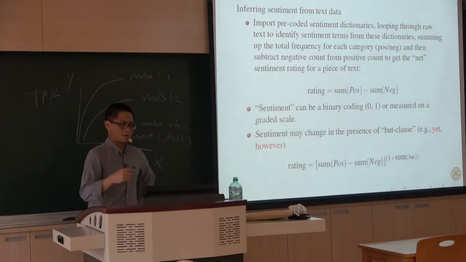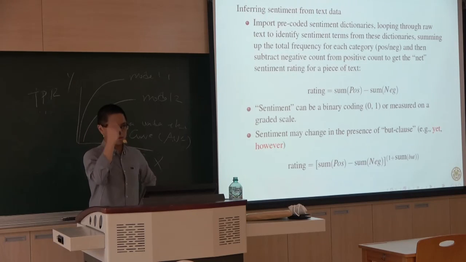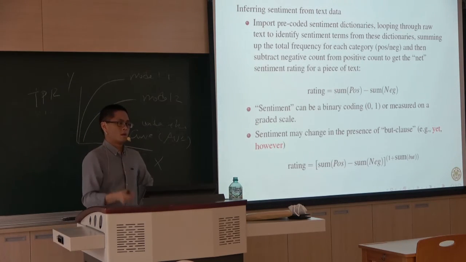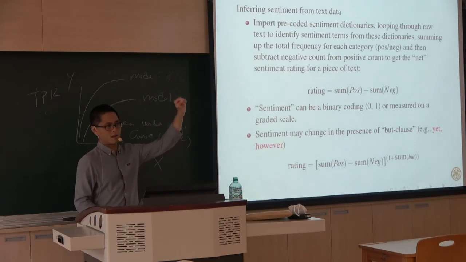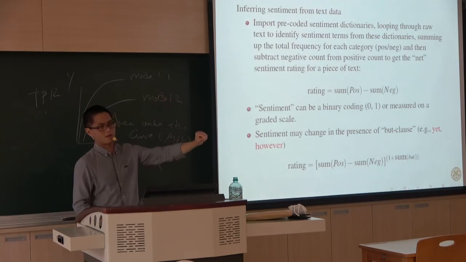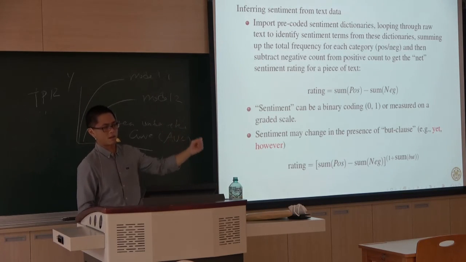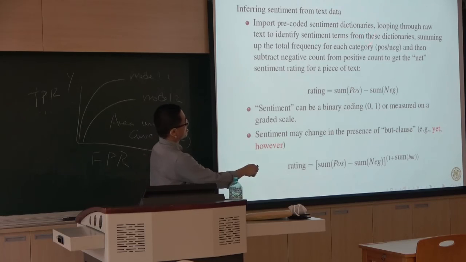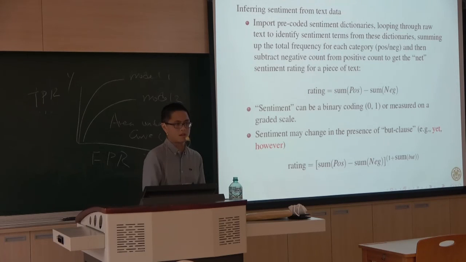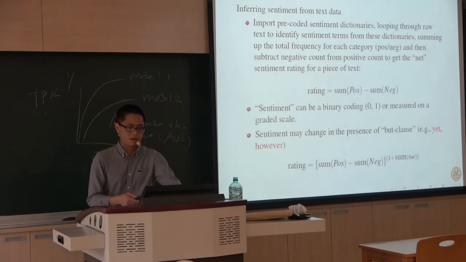Then we simply look through each document in our corpus, and the algorithm identifies each word in the document and sees if it is a sentiment word in the pre-coded dictionary. Then you sum up the total frequency from each category, and subtract the negative count from the positive count to get a net sentiment rating for a piece of text.